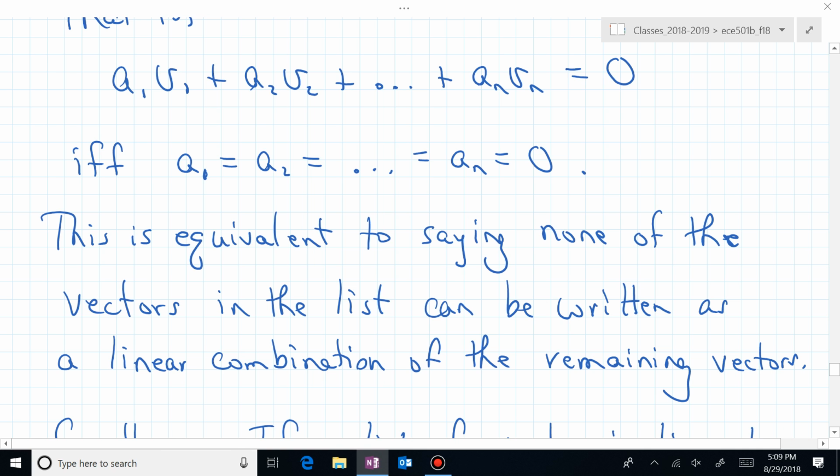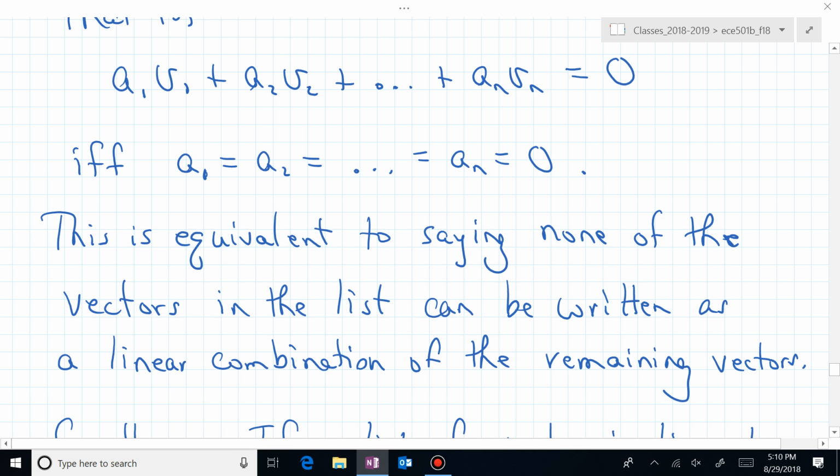So what we were showing is really that from the proposition, we concluded that any vector in the list cannot be written as a linear combination of any of the other vectors. Oh, that's a corollary.